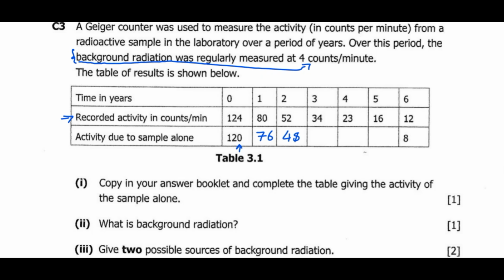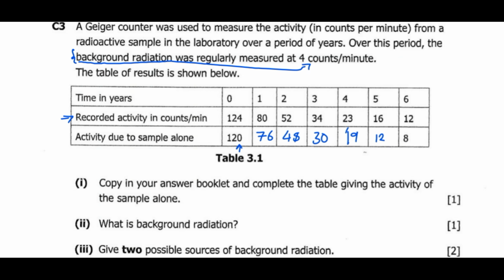Then 34 minus 4 gives us 30. You've gotten the point. 23 minus 4 will give us 19. 16 minus 4 will give us 12. Then 12 minus 4 we have 8. So that is the concept behind it.